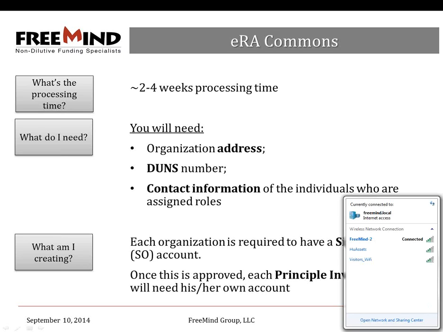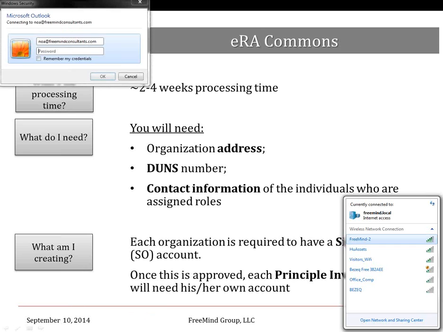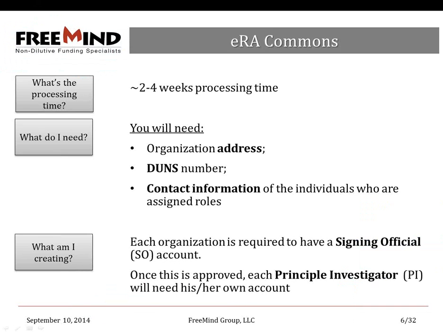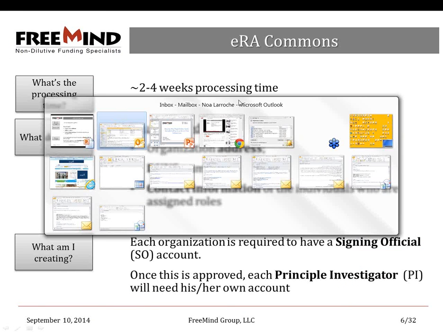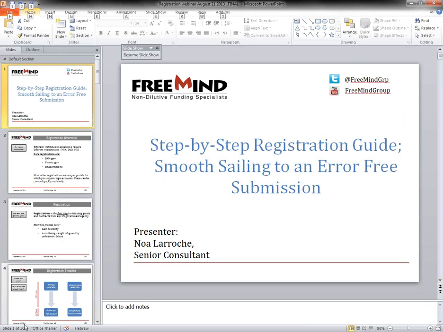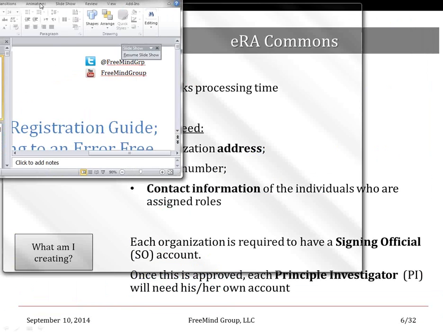So what you're going to do to begin with is create a signing official account. Each organization that applies to grants with the U.S. government needs a signing official account. This signing official account is what you get with your original registration, and this is essentially what requires the 2 to 4 weeks processing time.